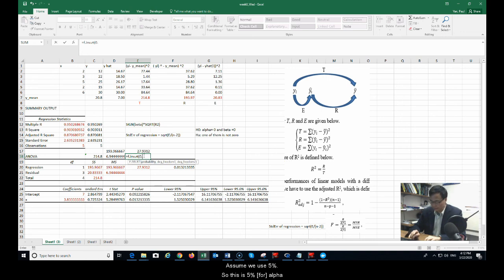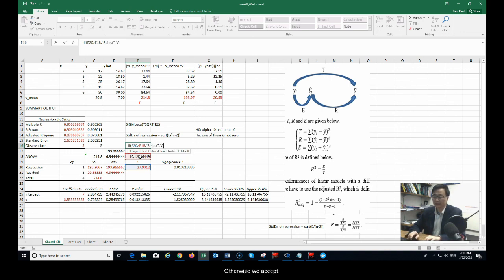Assume we use 5%, so this is 5% alpha. Degree of freedom of regression is 1, then degree of freedom of residue is 3. So it's 1 and 3. Because 27 is higher than 10, this is our decision rule: if our estimate value is higher than the critical value, we reject.